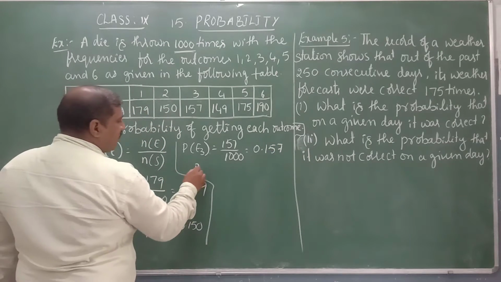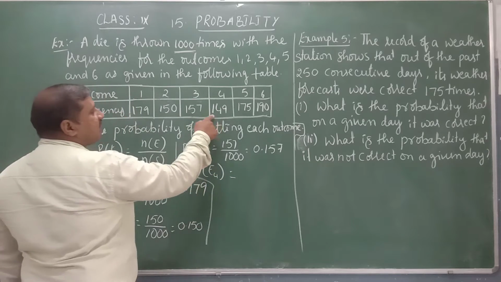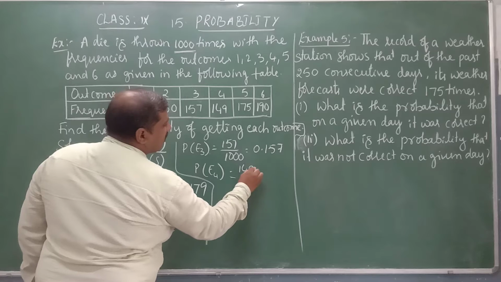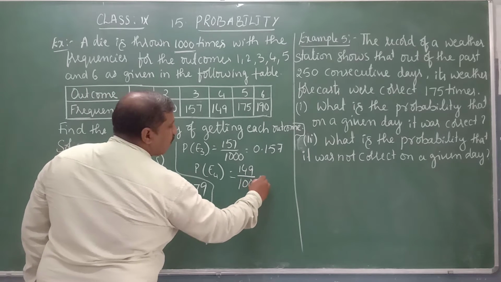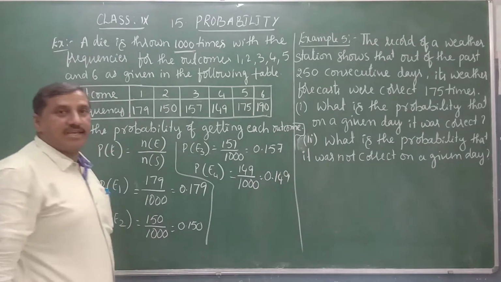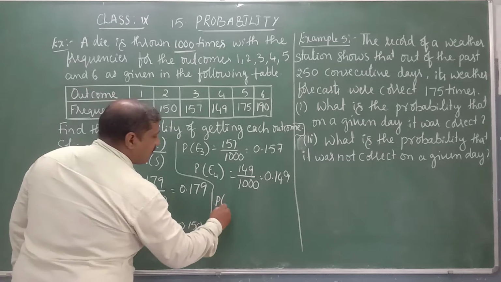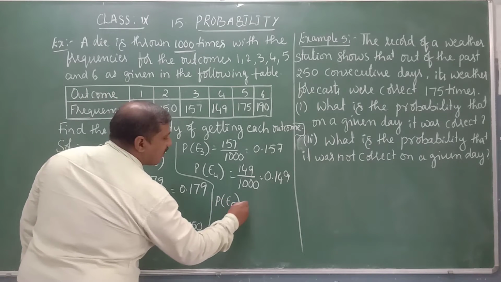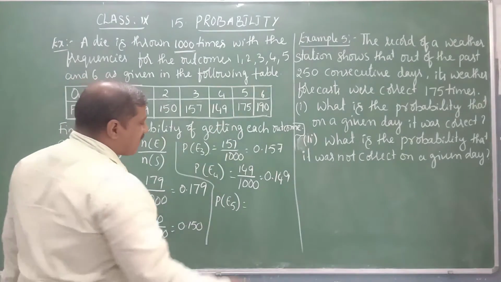Next, P(E4) means getting number 4. How many favorable outcomes are there? 149 divided by all possible outcomes, 1000. That is 0.149. Next, P(E5), that is getting number 5. How many favorable outcomes are there? 175.